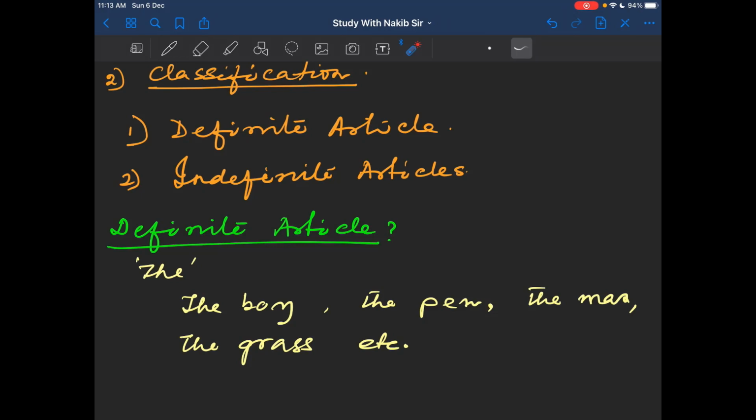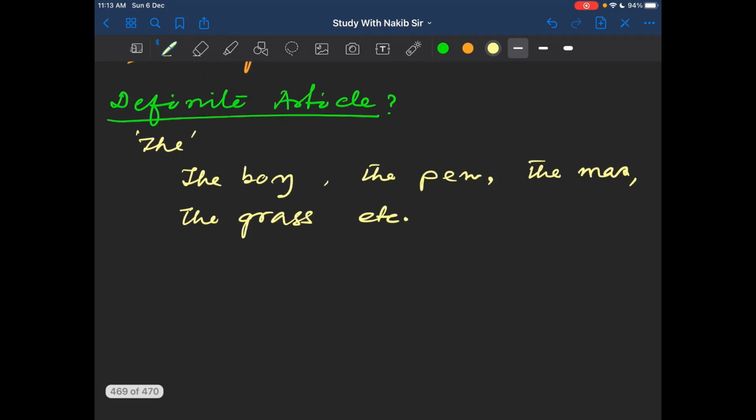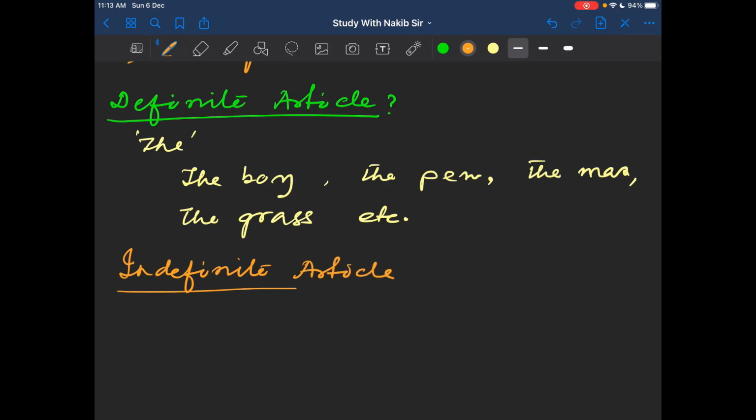Okay, now come to the indefinite article. What do you mean by indefinite articles? A and an are indefinite articles, you know.